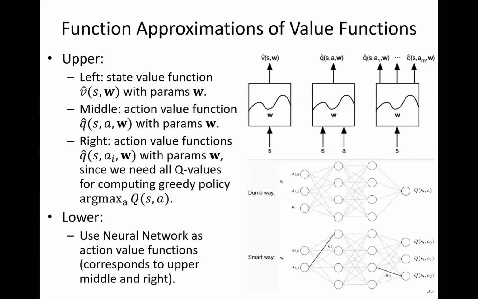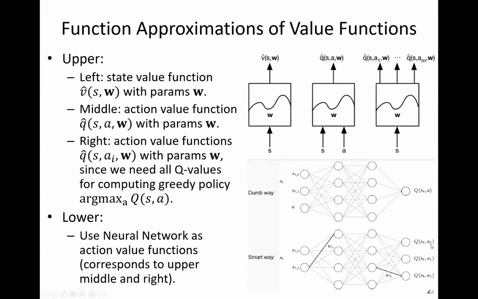So for the Q, you can either use A as an input, or you can compute all possible Q functions for all possible actions. If you use neural networks, it corresponds to having A as the input and producing one Q(S,A), or producing all Q(S,A)s for all possible A's.